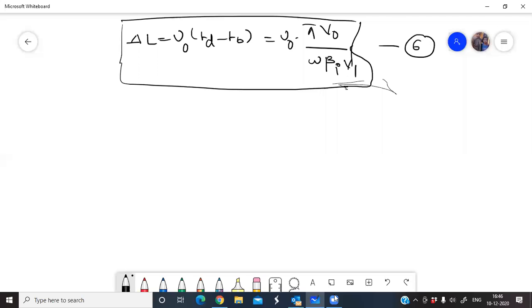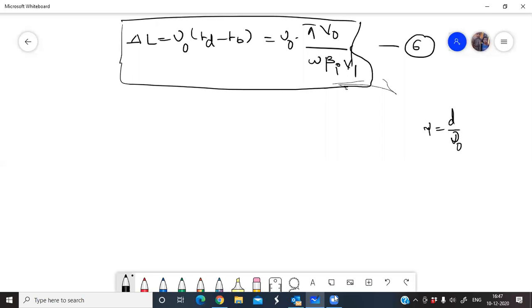Before writing the equation, when you go for the transit time equal to tau, what is the formula? D by V naught. Here D is the spacing between cathode and anode, and V naught is the velocity of the electron traveling from cathode to anode.